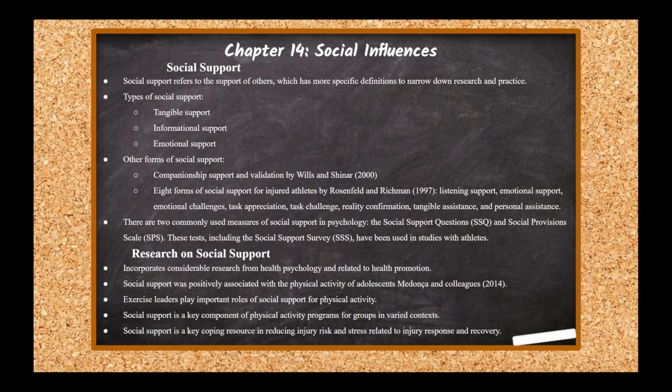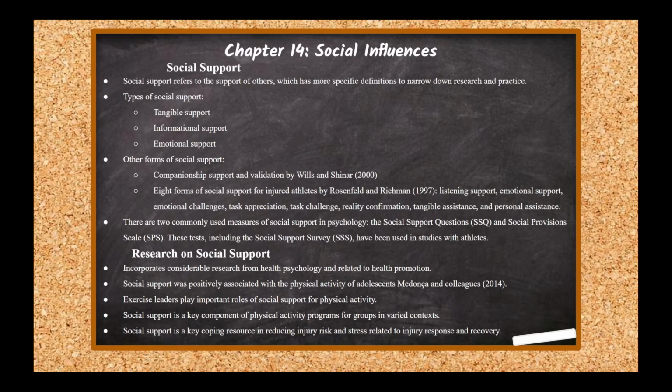And to start, tangible support or instrumental support involves tangible or direct assistance. Informational support is giving directions, tidbits of advice, and other tips or valuable information. And emotional support consists of expressing encouragement, empathy, or concern.